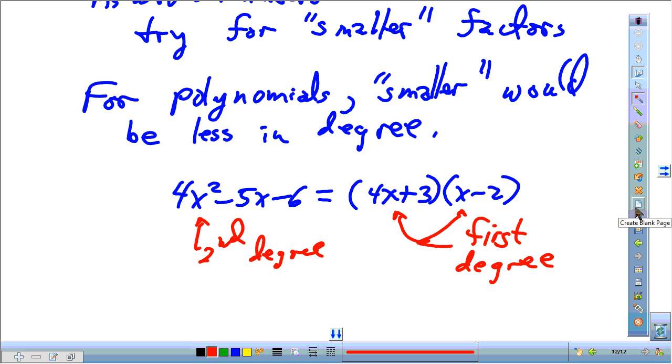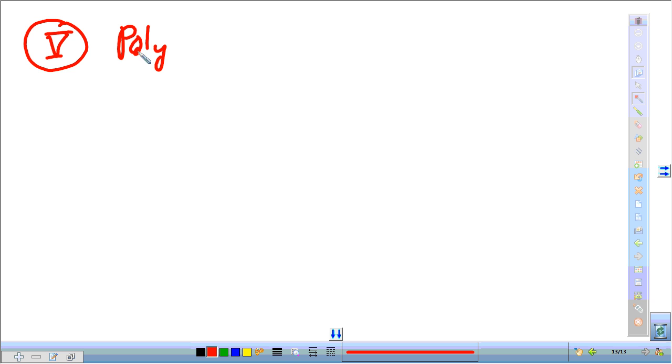So we can consider a lot of factoring. Most of our factoring involves polynomials. So let's consider factoring polynomials.